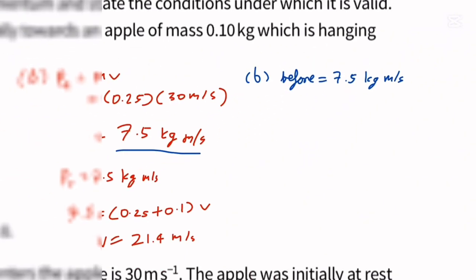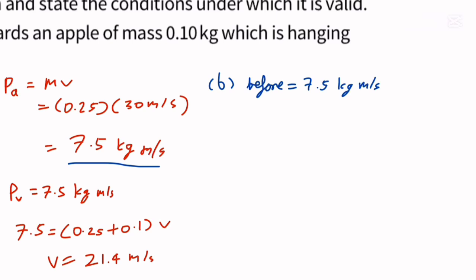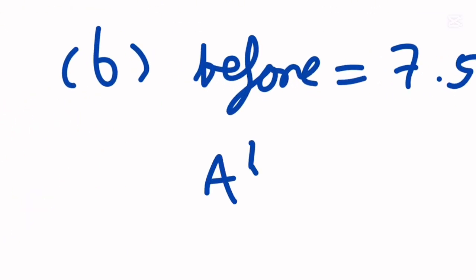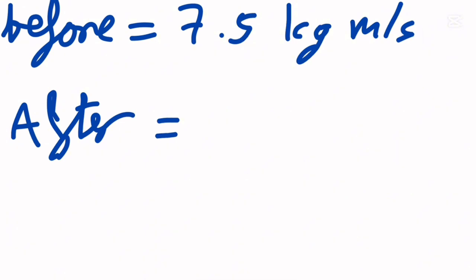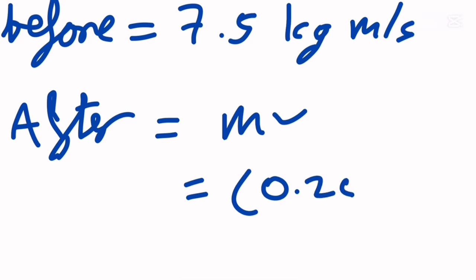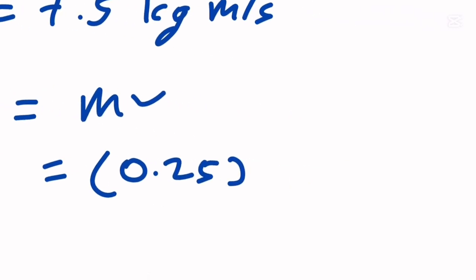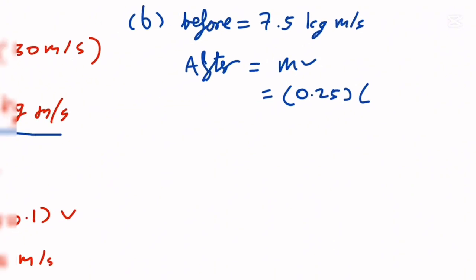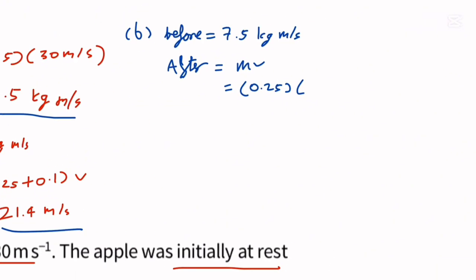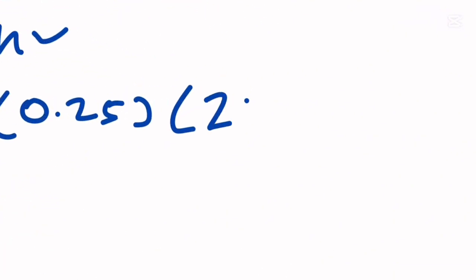And then we do calculate the momentum after the collision. So let's find it after the collision, right? So mv, the mass. We only need to use the arrow's mass, and for velocity we have to use the velocity that we just calculated, which is 21.4 meter per second.